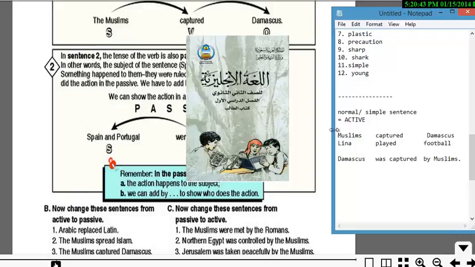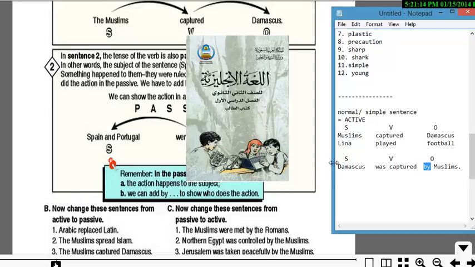Instead of this one being subject, this one is the verb position, and the third position would be an object. Actually, we're just turning things around. We're placing a subject here, and then we're still keeping the verb position, but we're pretty much playing with the object because we don't know what the object is unless we add by, okay?